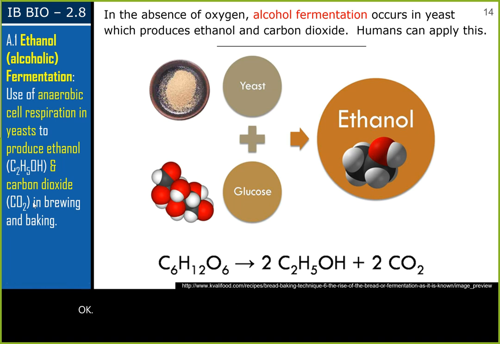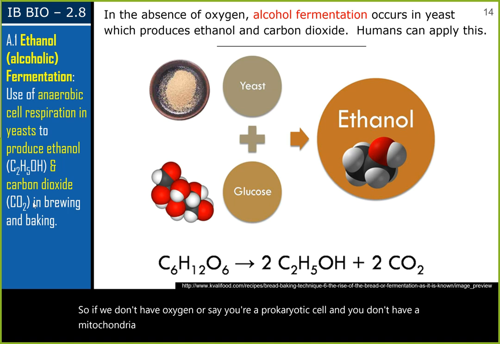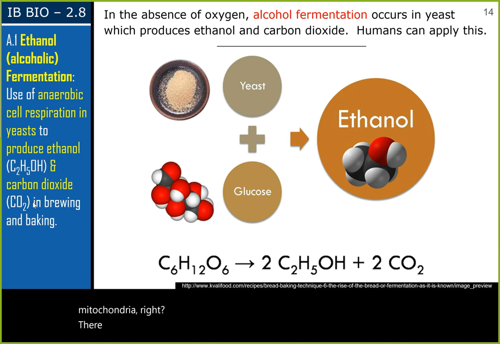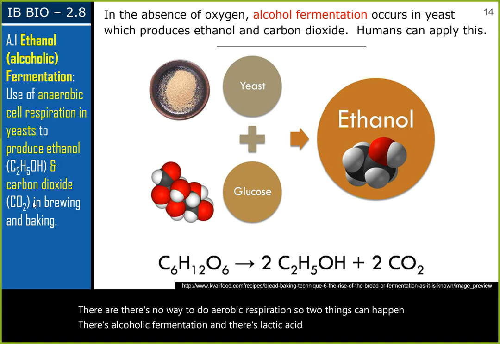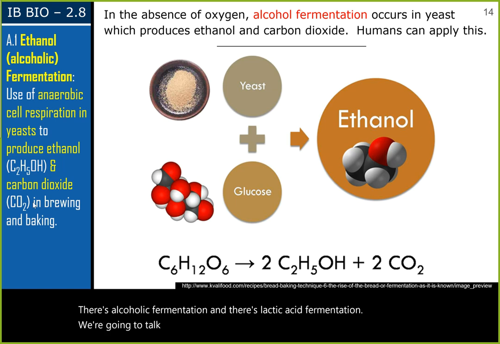So if we don't have oxygen, or say you're a prokaryotic cell and you don't have a mitochondria, right? There's no way to do aerobic respiration. So 2 things can happen. There's alcoholic fermentation and there's lactic acid fermentation. We're going to talk about alcoholic fermentation first.